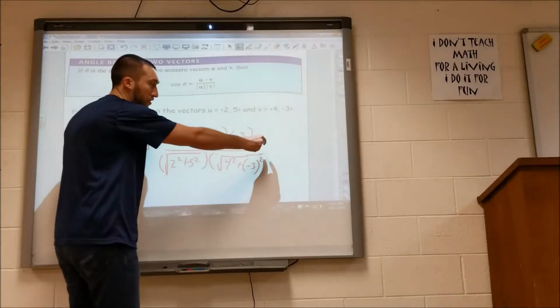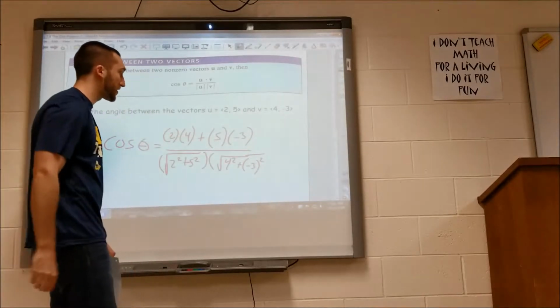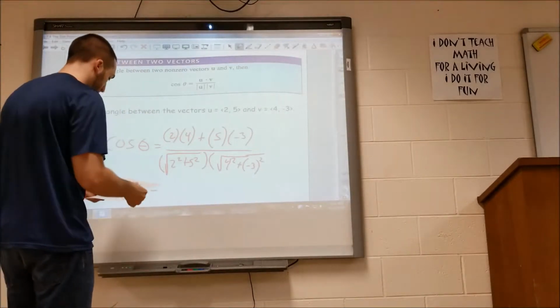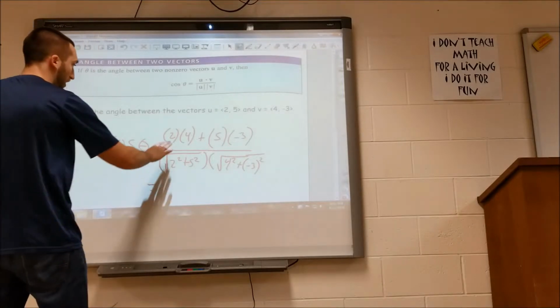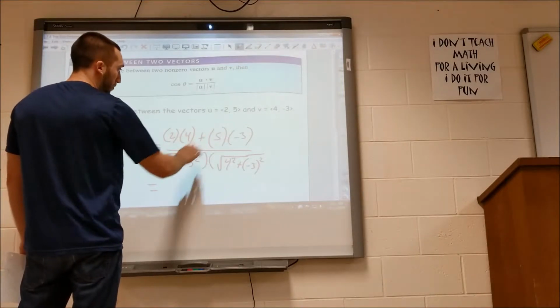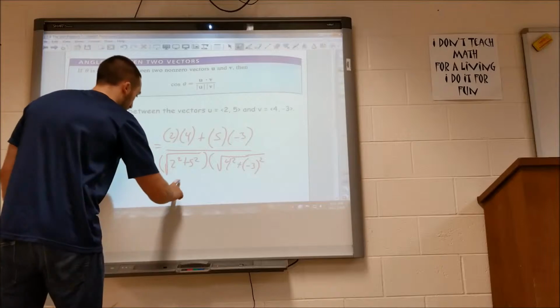Remember, negative numbers squared are going to be a positive value. So when we simplify this, our numerator is 8 plus -15.